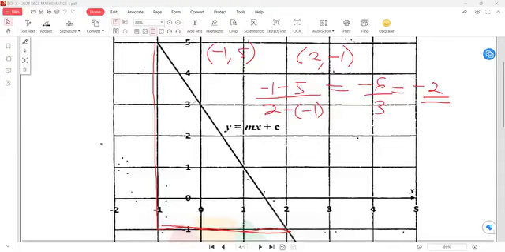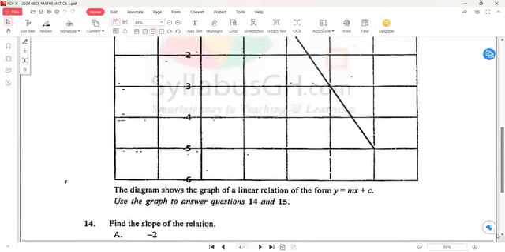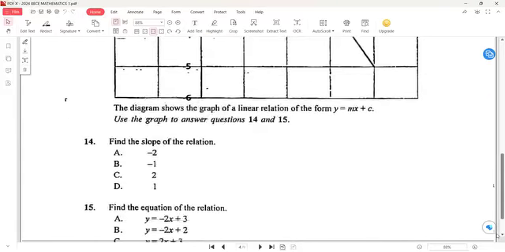If it is horizontal, it means that the slope is 0. So note these 4 key terms so far as slope or gradient is concerned. Question number 14, the answer is -2.